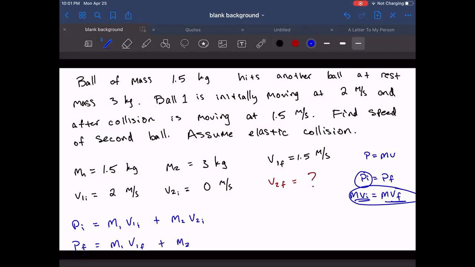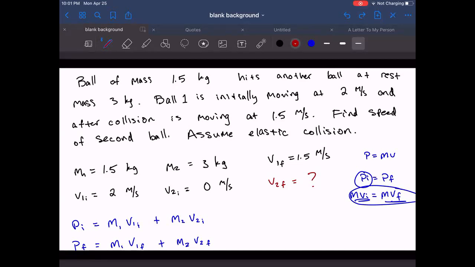Oh, okay. You're like 80% right, but it's final. We've got to deal with that final momentum, so we've got to add that final velocity. Yeah. Okay.